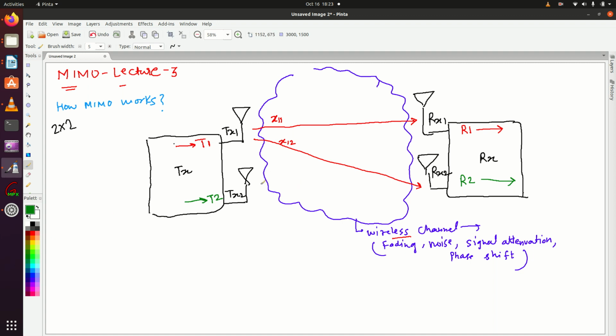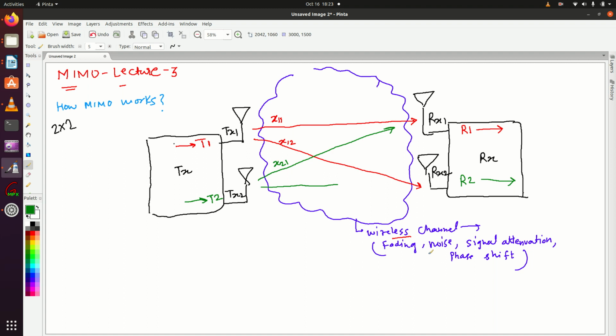Again, this is my next coefficient. I'm going to represent it by x21. So x21 is again the changes performed by the wireless channel.